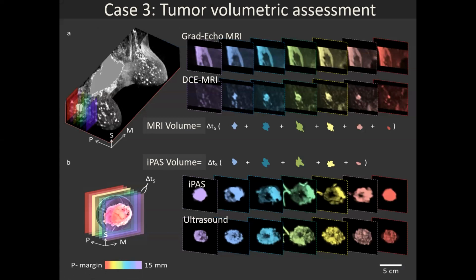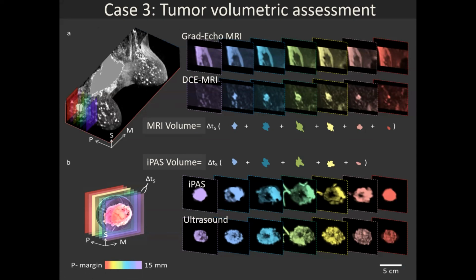Okay, moving on to another case that demonstrates the volumetric assessment of these lesions. Here you have a 53-year-old patient that was diagnosed with a grade 1 lesion in the right breast, in the outer upper right breast.